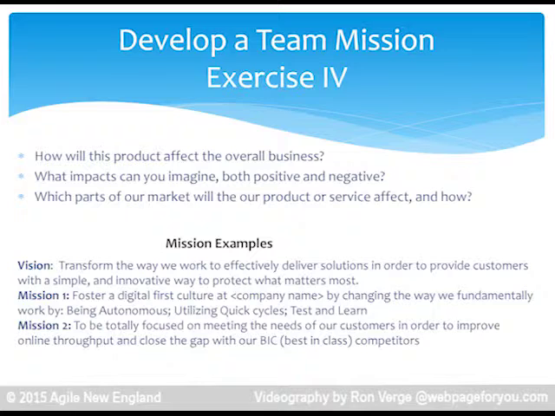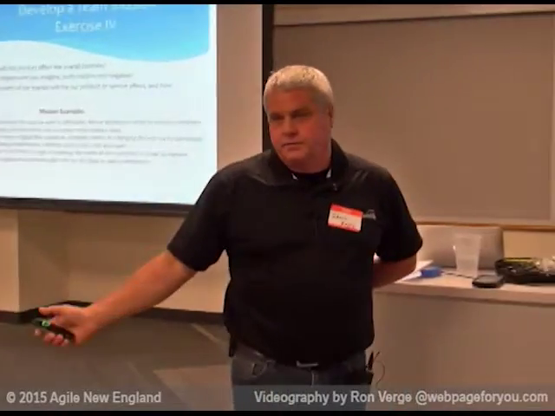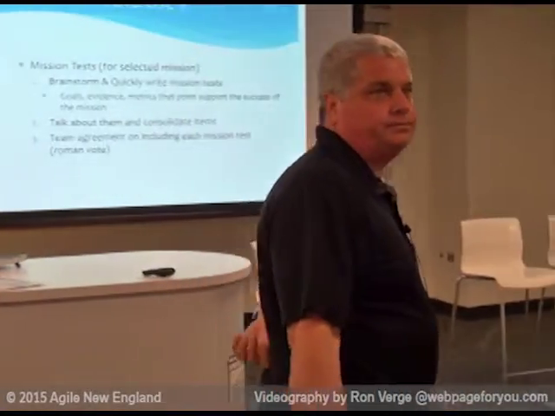They had a mission of fostering a digital-first culture at their company by changing the way we fundamentally work: being autonomous, utilizing quick cycles and test and learn. So that's an example of a mission that goes with the vision. They had a second mission: be totally focused on meeting the needs of our customers in order to improve online throughput and close the gap on best-in-class competitors. As an example, they had tests to go with those.